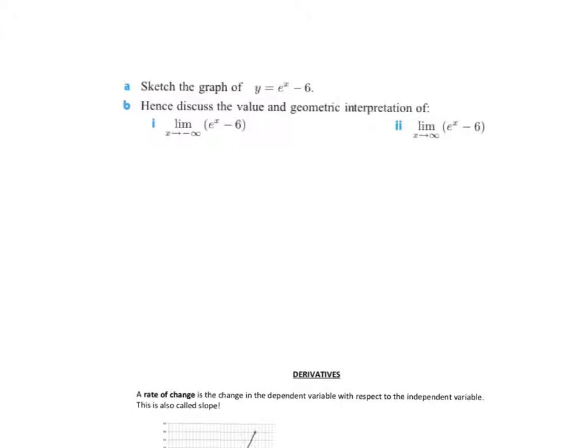For now, remember your parent function for your e to the x graph looks something like this. So if I have a minus 6, what's going to happen to the graph? Shift down. It's a vertical translation, 6 units down.